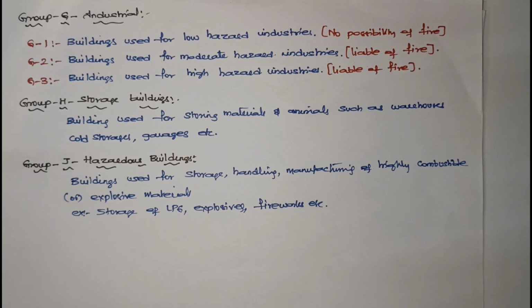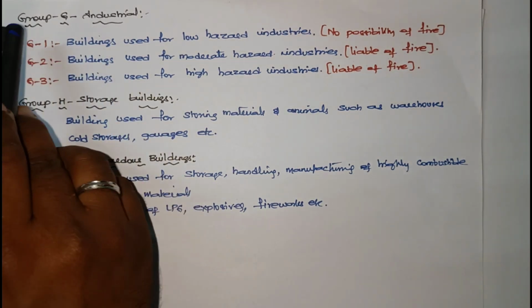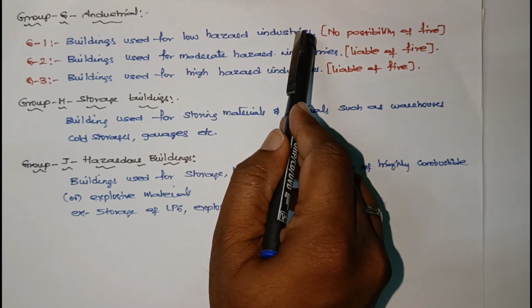If any fire accident happens within the vicinity, then there is a chance of fire getting inside the building. Other than that, whatever products are available inside the building will not have a liability to catch fire. That is called G1, buildings used for low hazard industries.